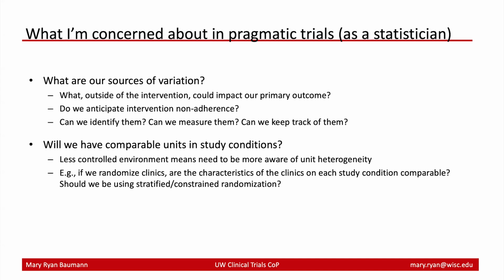So we need to understand that if we randomize clinics to study conditions, are we going to have balance on the characteristics of those clinics in the study conditions, or should we be using some sort of stratified or constrained randomization? We're probably going to have to think of more things to do stratified and constrained randomization on than we would necessarily have in an explanatory trial, because we have a broader diversity of people that are participating in the pragmatic trial.